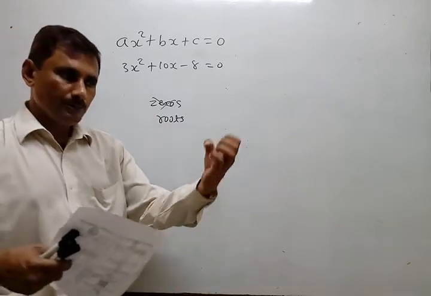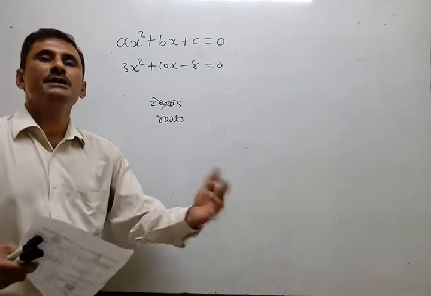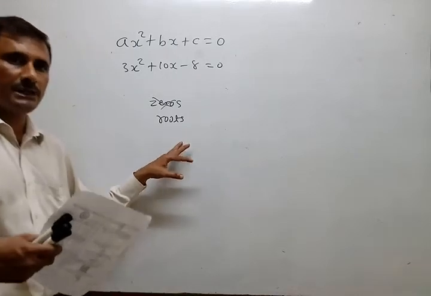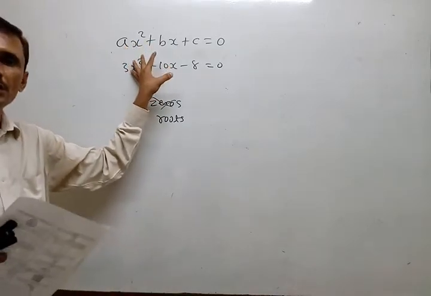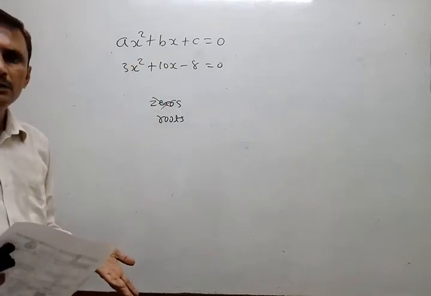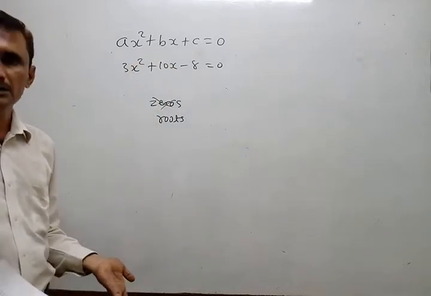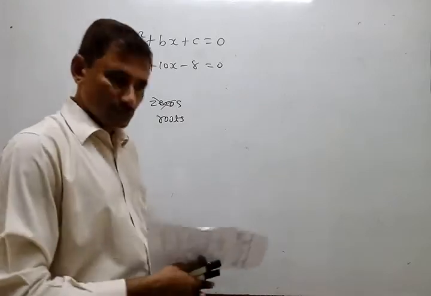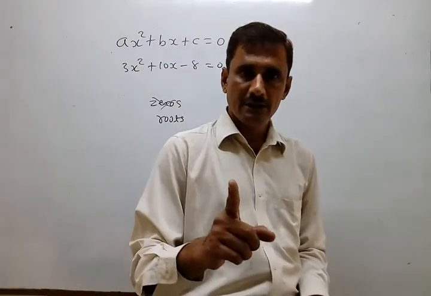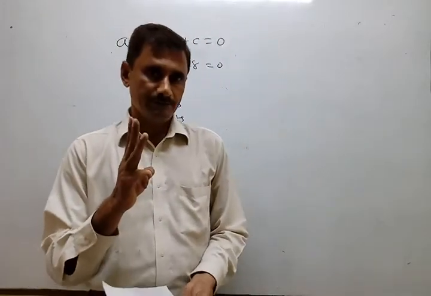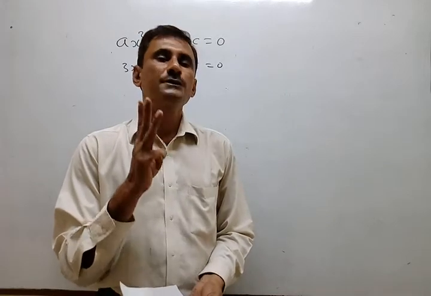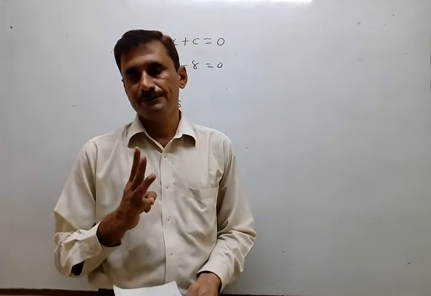So particular points will be repeating. By factorization method, if you want to solve quadratic equation, then nothing is new there. By factorization only you can find it. But there are some extra methods also, not only factorization method. So there are total 3 methods of solution of quadratic equation.